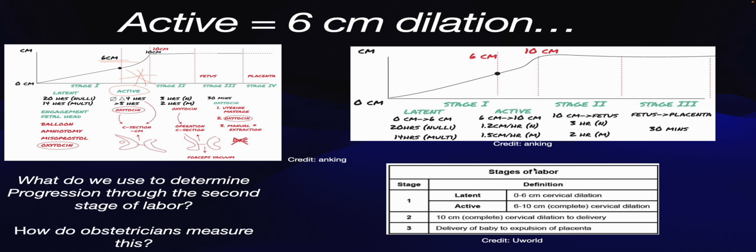And one thing I forgot to mention here in stage 3, you can go in and do a manual extraction if necessary, if that 30 minutes has passed and you're still not able to deliver the placenta.